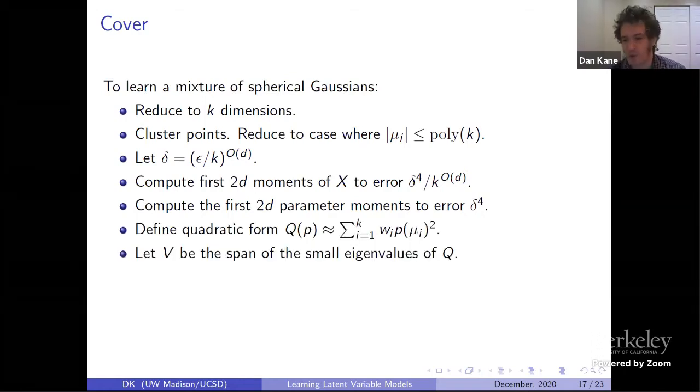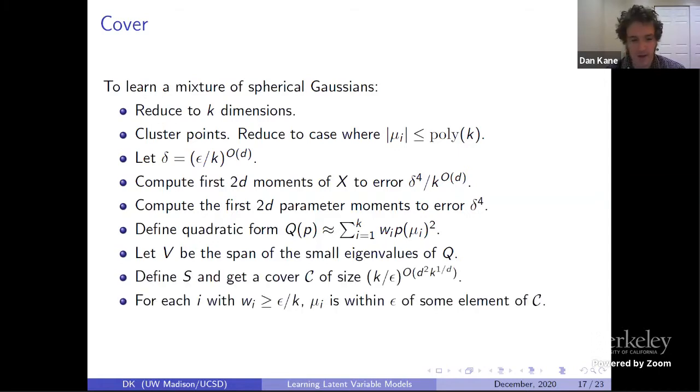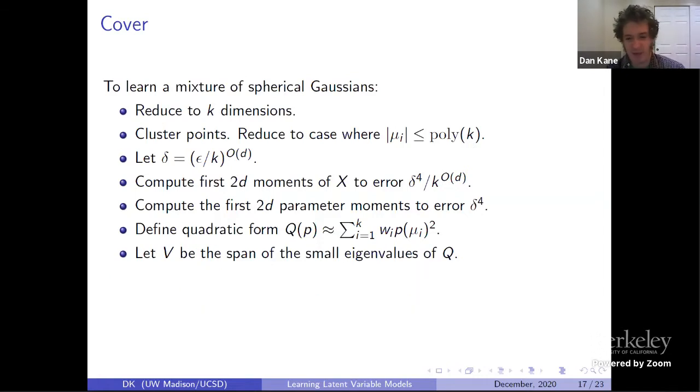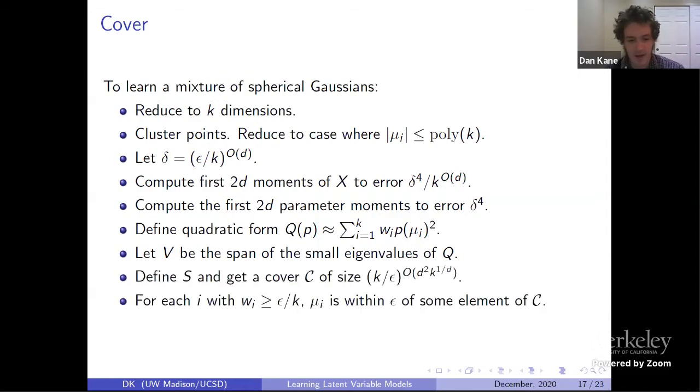From this, we define our quadratic form. Q of p is approximately this sum of w_i p of mu_i squared. And we're going to let V be the span of all the small eigenvalues of Q. What's not hard to see is that if you have any mu_i where the w_i is reasonably large, it's going to be approximately 0 for every p in this subspace V. And so we're going to define S as before, and we note that for each i where w_i is reasonably big, the corresponding mu_i will be in this S. And applying the proposition, we compute a cover C for this set.